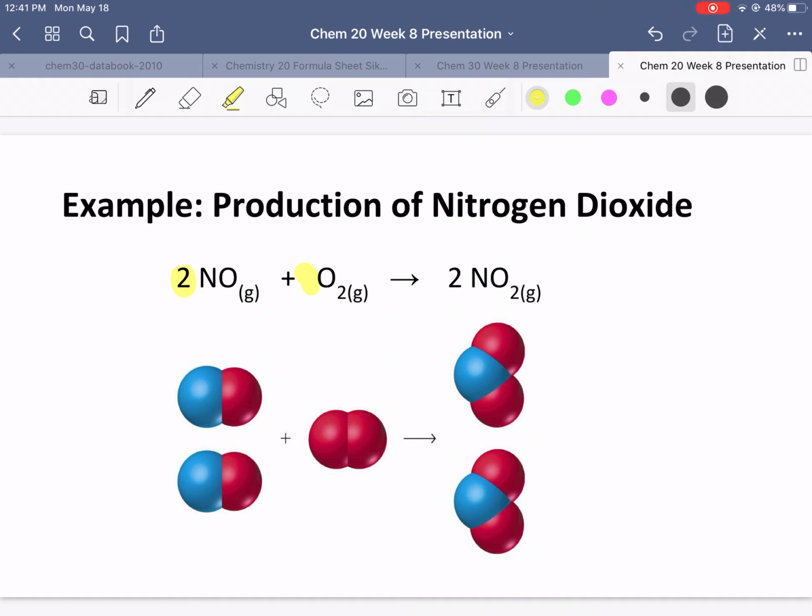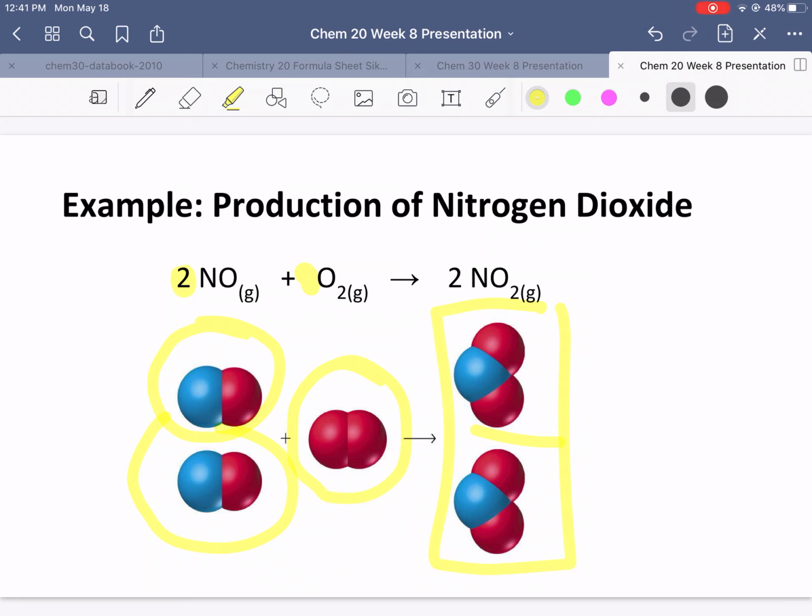Literally, it takes 2 nitrogen monoxides to react with a single oxygen to, balance-wise, produce exactly 2 nitrogen dioxides. Balanced chemical equation. This is what it comes down to, guys. Consider how those ratios work. Let's say, for instance, I want to produce 6 nitrogen dioxides.